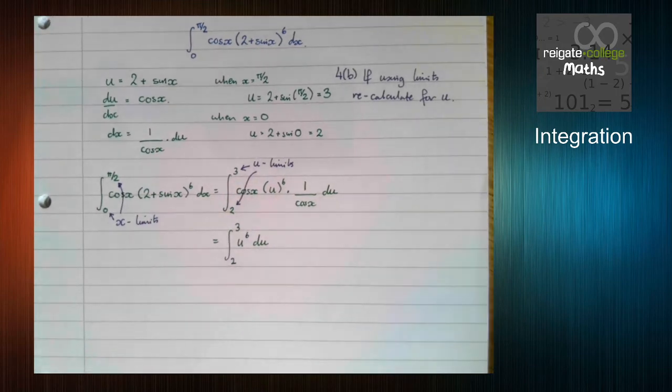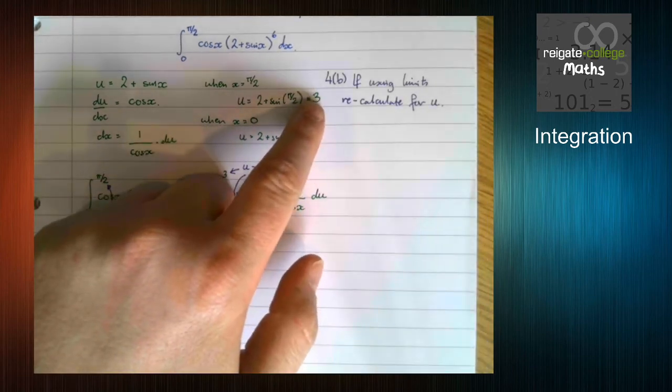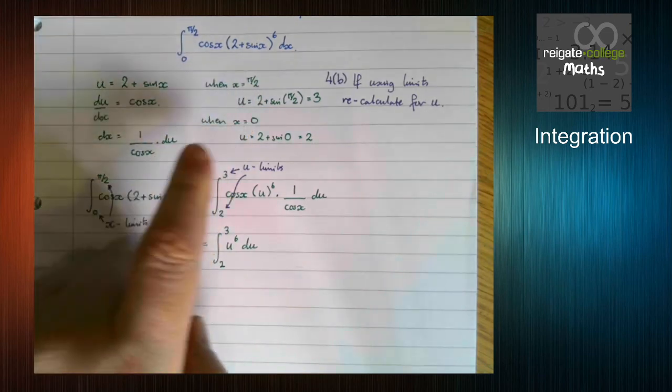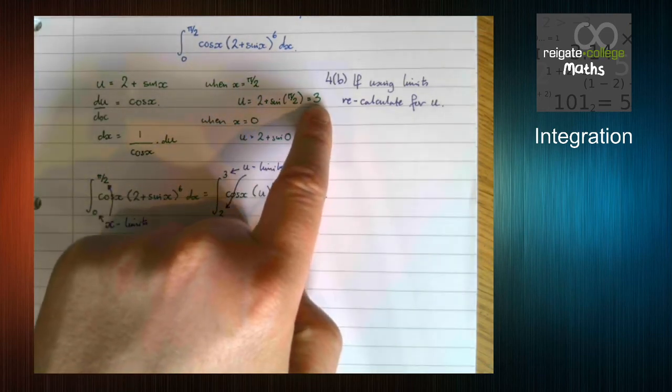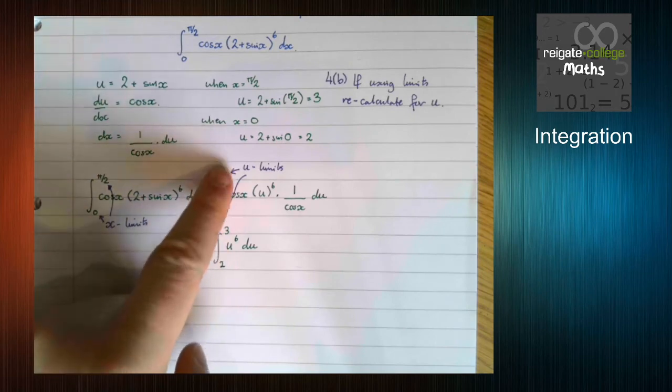Now something very important, doesn't happen often, but it could happen, that the bigger number, the upper limit, calculates a smaller number than the lower limit here. Don't panic if that happens, keep them the same order.